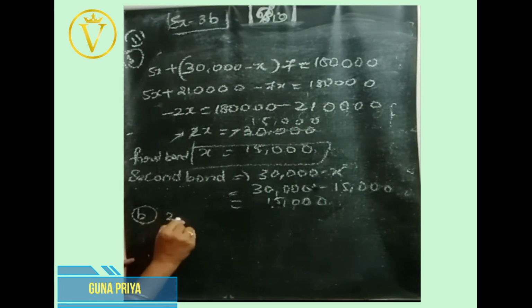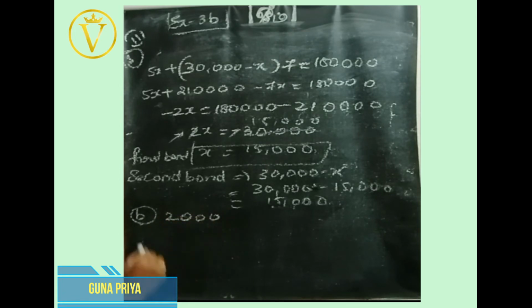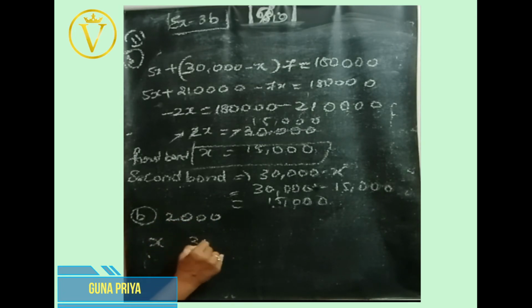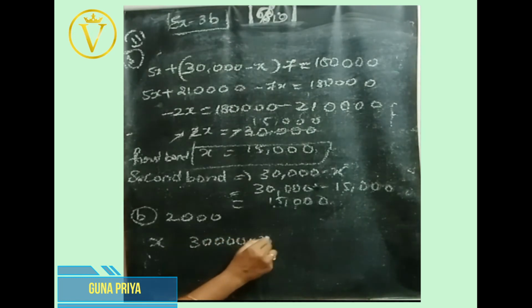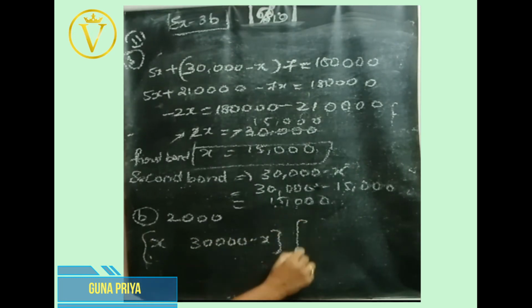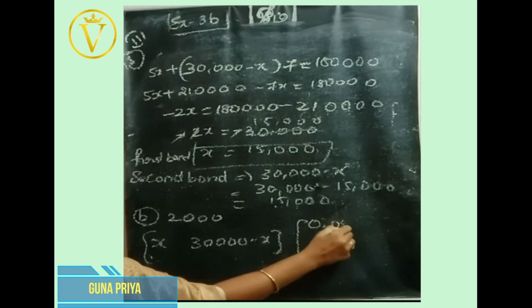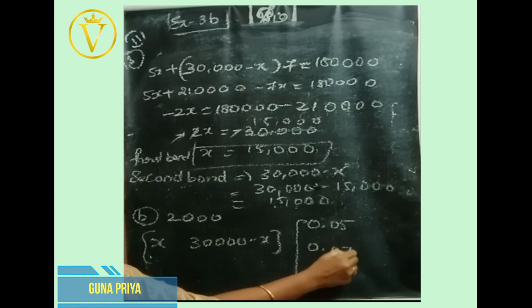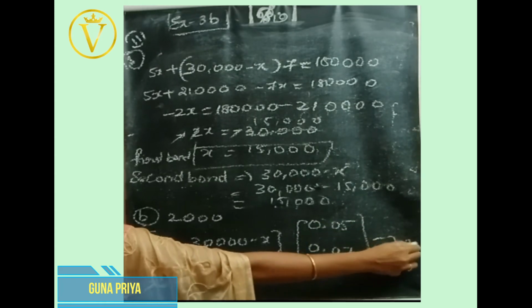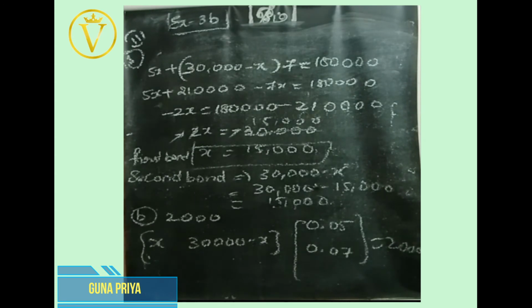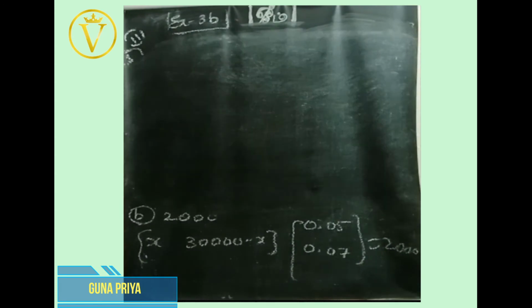For B they have given 2,000. Same: x, 30,000 minus x, and 0.05, 0.07 equals 2,000. Now the same process we will do here.